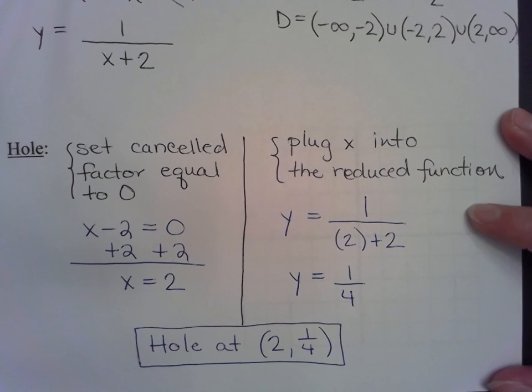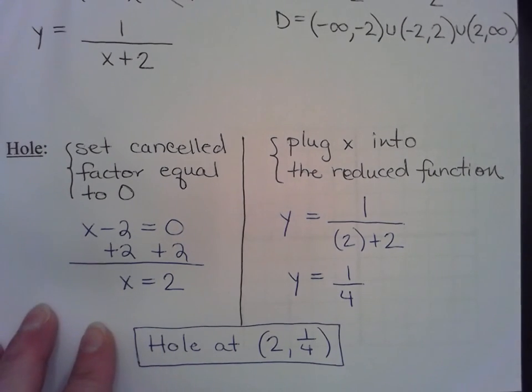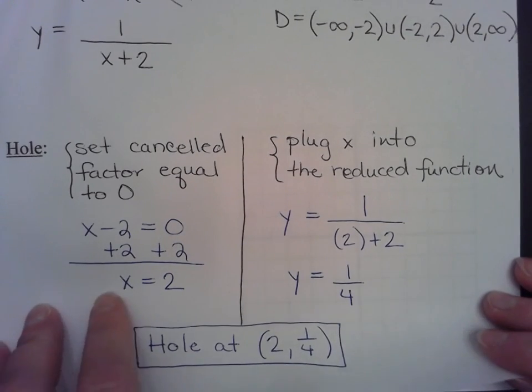Okay, for this part, we've just looked at the hole. I have a couple more examples that I want to run through all 3 parts with you, and then we can make a sketch of the graph. We're going to start with this one, so we can fill in the rest of the gaps and talk about it a little bit.